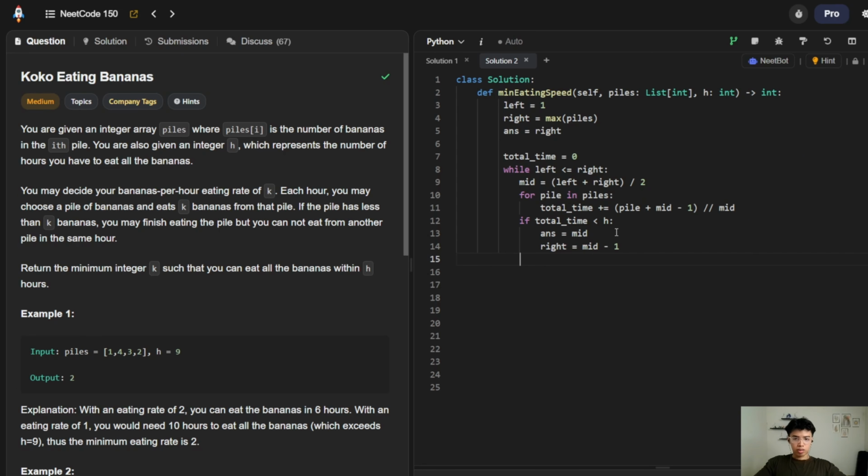Otherwise, the total time is greater than the limit time, our answer should be closer to the max, so we increase left to increase the chance of the answer becoming valid.